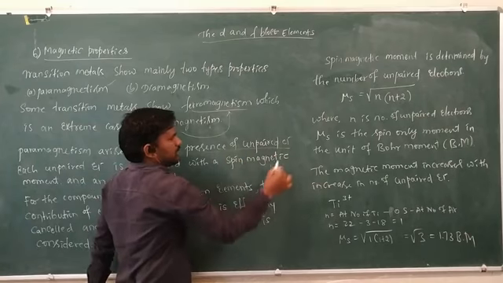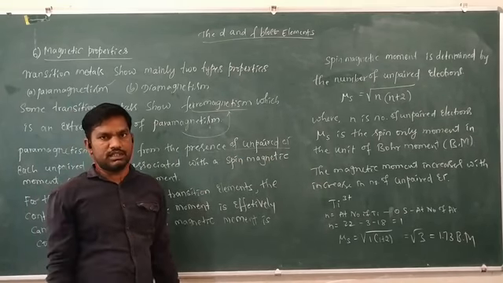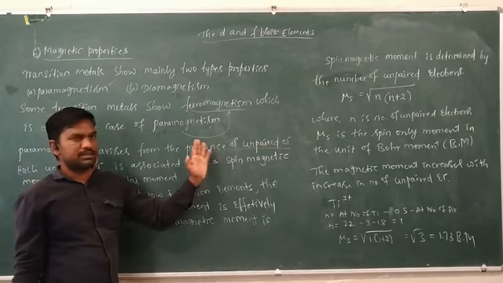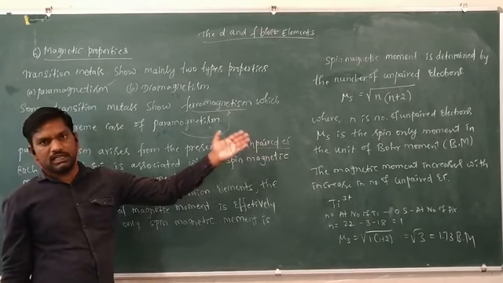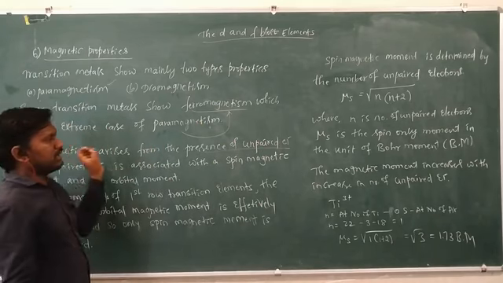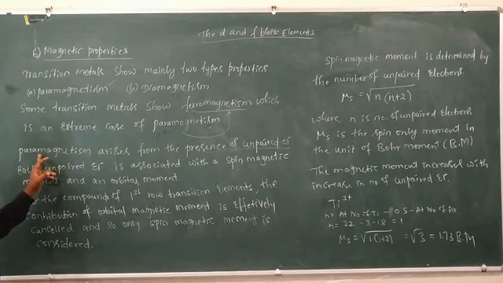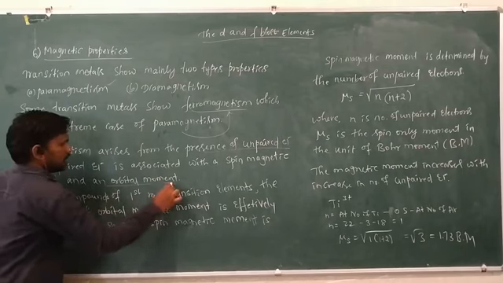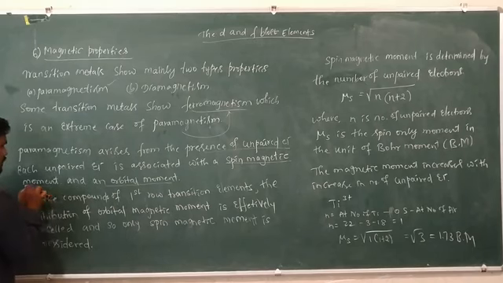By writing the electronic configurations of the 3D and 4D series, we know the number of unpaired electrons increases from scandium to manganese and then decreases. Depending on the unpaired electrons, the element shows paramagnetism. Each unpaired electron is associated with a spin magnetic moment and an orbital moment.